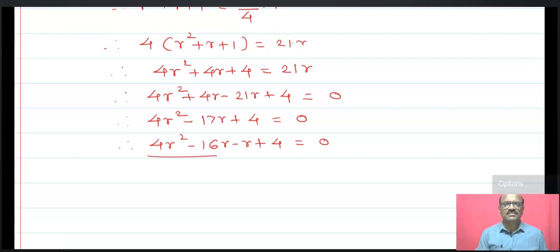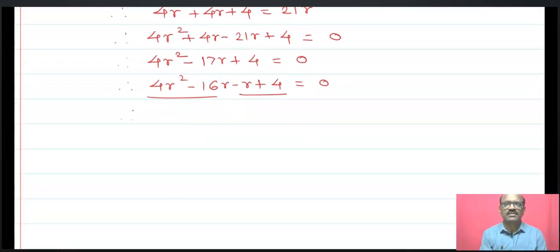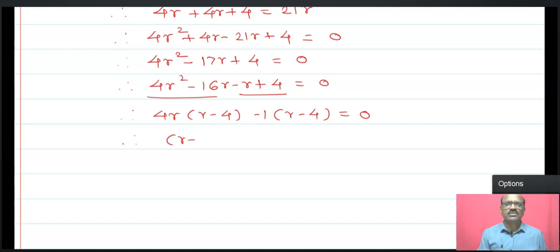Now see these are the factors: 4R square minus 16R minus R plus 4 equals 0. And now what is common from these first two terms? That is 4R in bracket R minus 4, and from the next two, minus 1 is common, and then in bracket you will get R minus 4 equals 0.